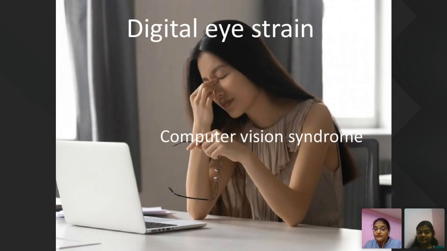It also leads to various symptoms like tired eyes, irritating eyes, itching, headache, migraine headache, and vestibular issues. These are asthenopia symptoms.